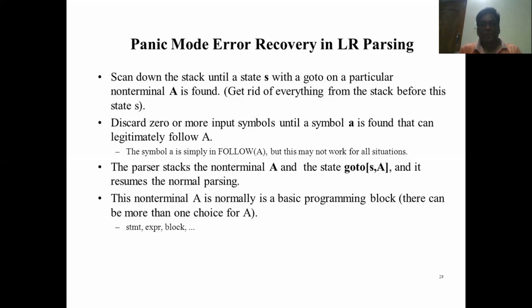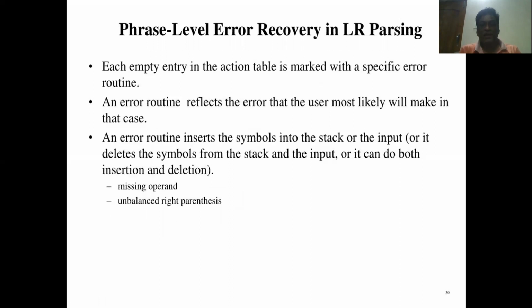The second category of error recovery strategy is phrase level error recovery. What it does is each empty entry in the action table is marked with a specific error handling routine. So you need to write a separate routine, a separate procedure, for handling each different kind of error that may be encountered during parsing.